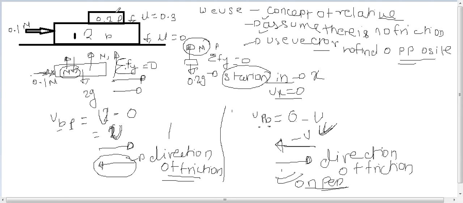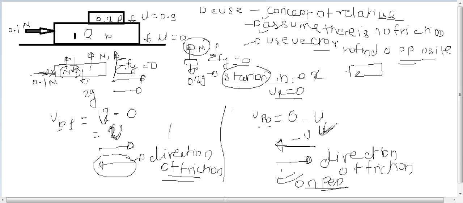Now it's time to, okay, so we had found the direction of friction force, etc. Now let's draw the free body diagram completely, because I know what is the friction force and what is the direction of friction force.